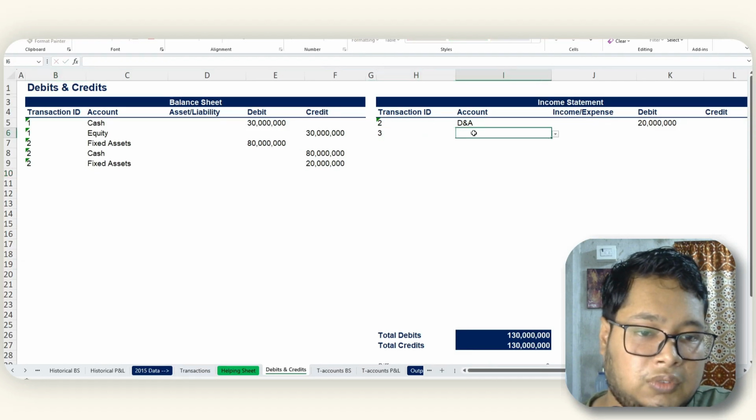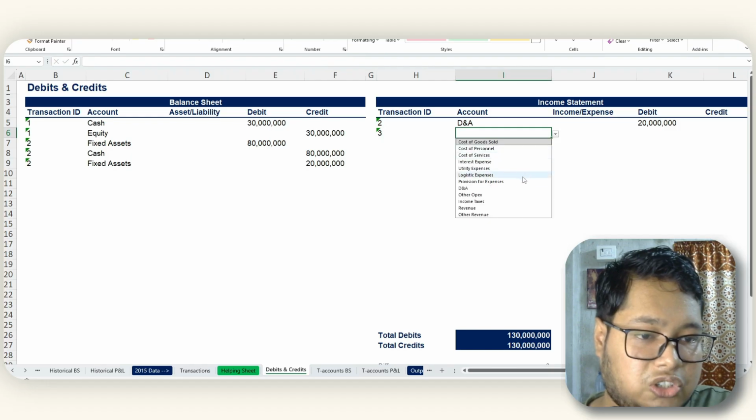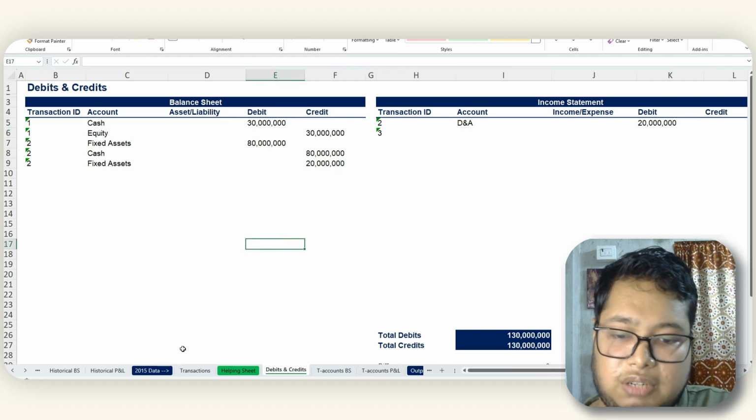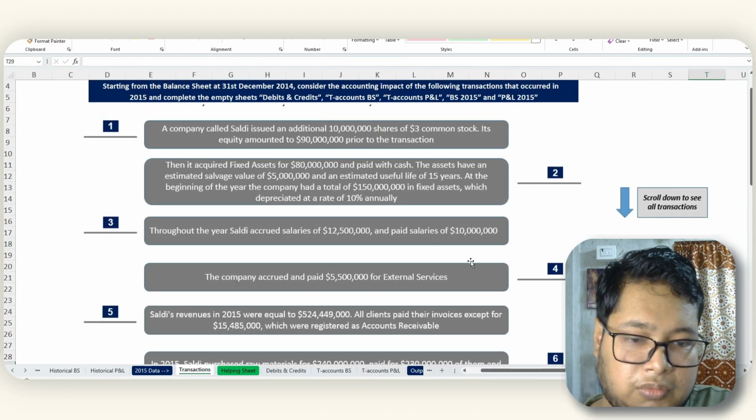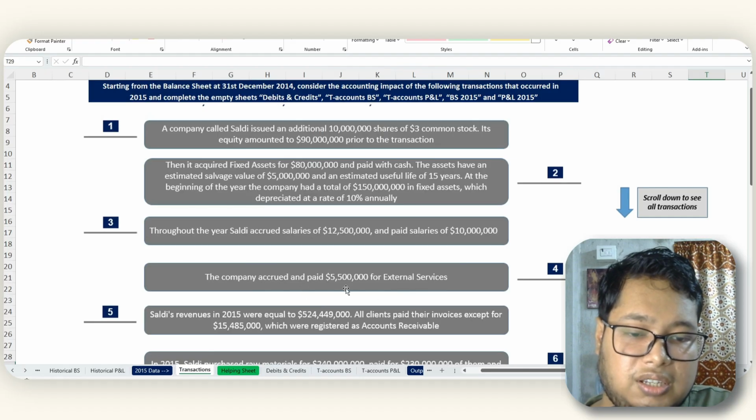Cool. For the third transaction, salary, we don't have any salary account, but we have cost of service and cost of personnel. So which is reflecting here? Let me see. The company accrued and paid for external service. So for service it has something else, right? That will go to the service expense.